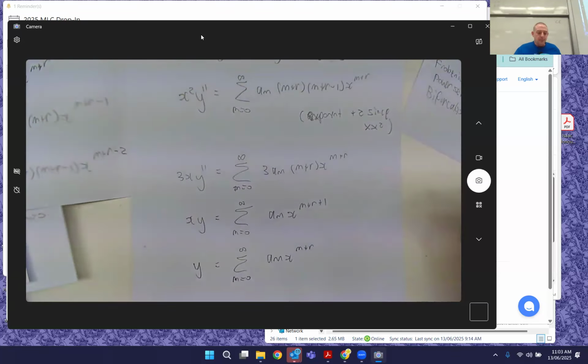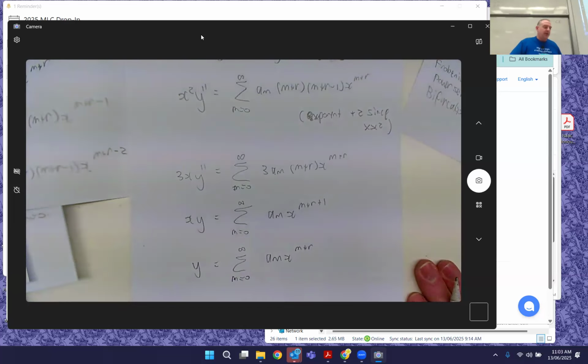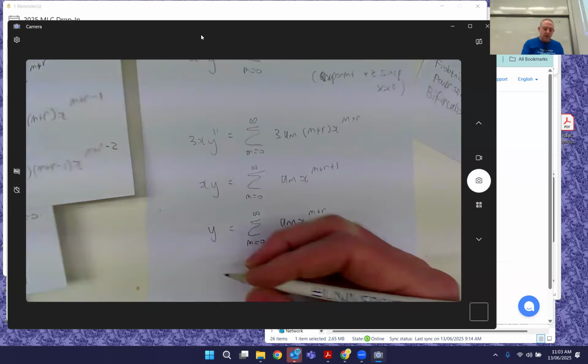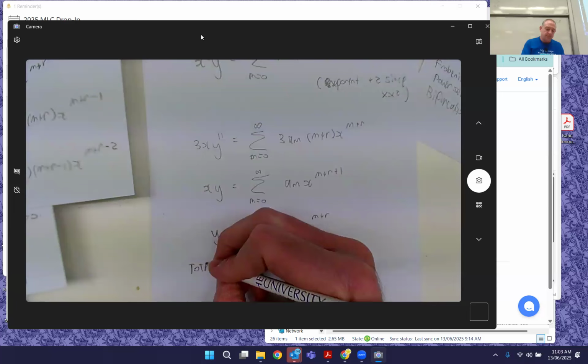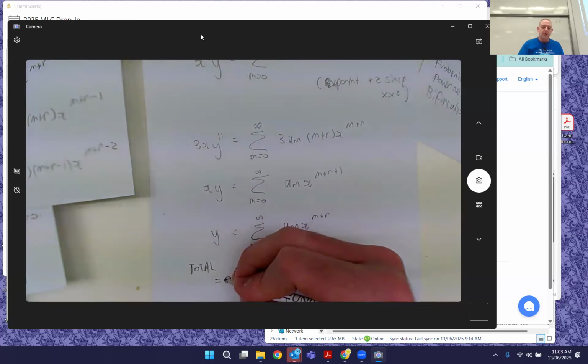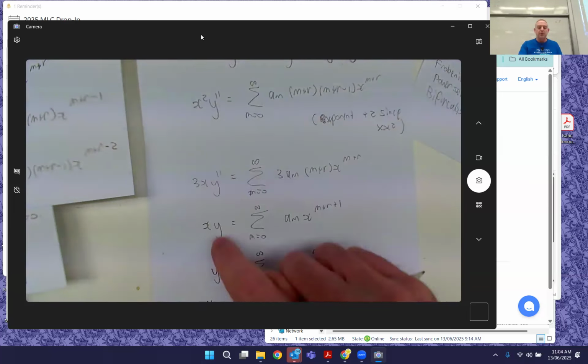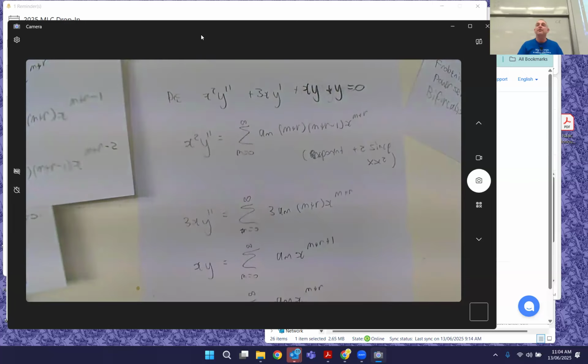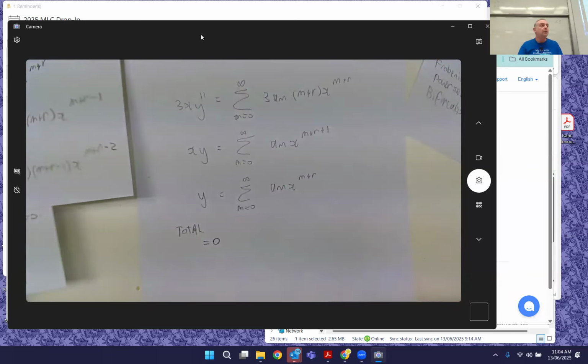Now, I have done the bit where I subbed it in. That's great. And I'm just going to make the point here that the total of all of these things is 0. When I add all these 4 things together, they should all come out to 0. That's what subbing in means.